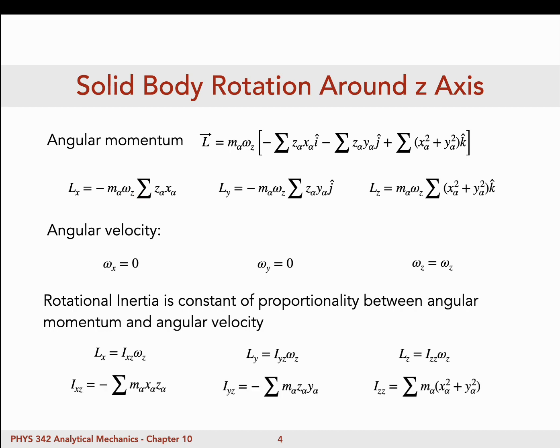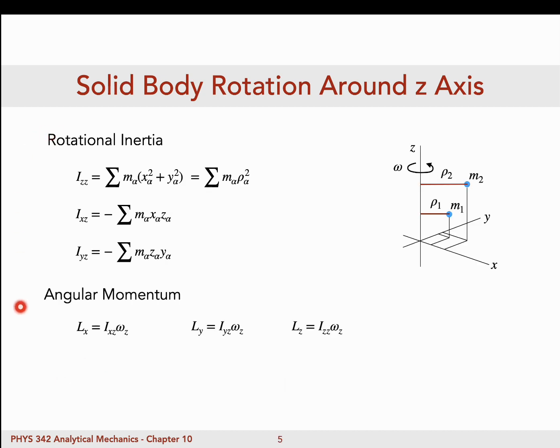You can just look at these expressions and write down all the terms that are in front of the omega z, and here are expressions for IZZ, IYZ, and IXZ. These are the results from the previous page. I've just written them again.